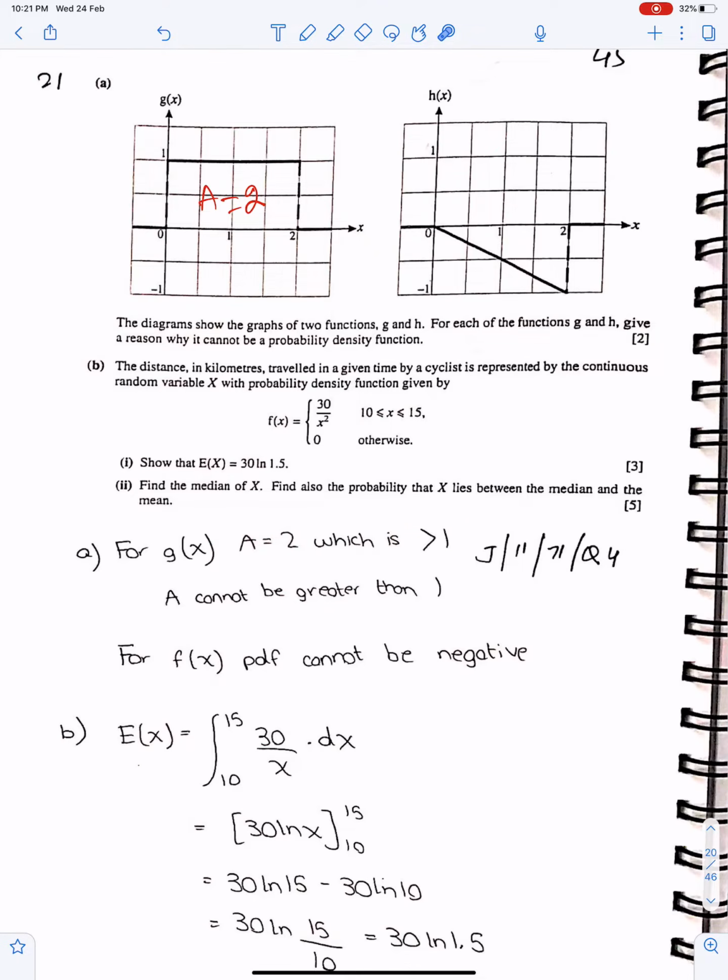For a PDF, the area under the curve or graph must be 1. The total area must be 1. Over here we are getting 2. Since the area is 2, which is greater than 1, this function g cannot be a PDF.